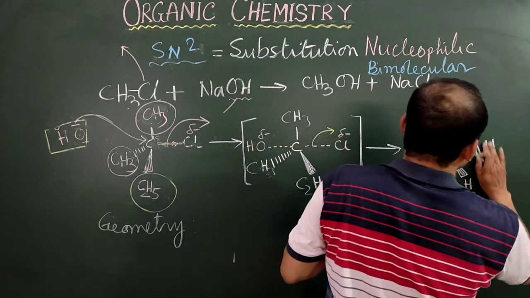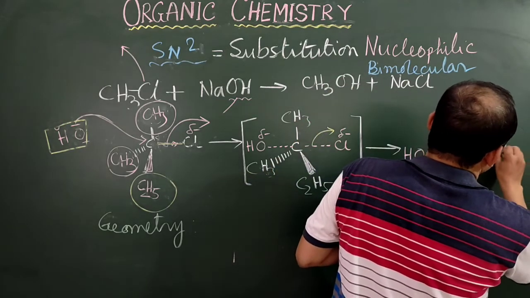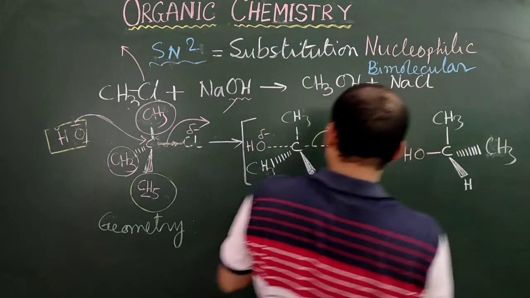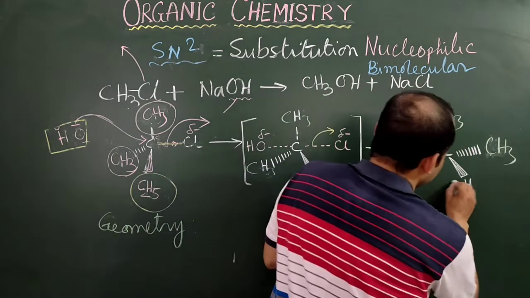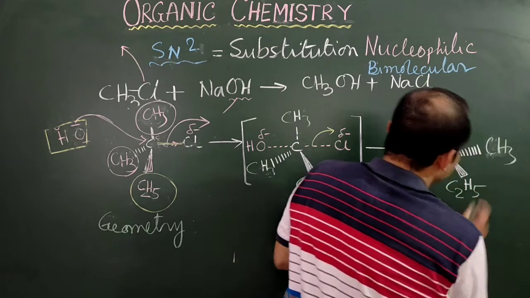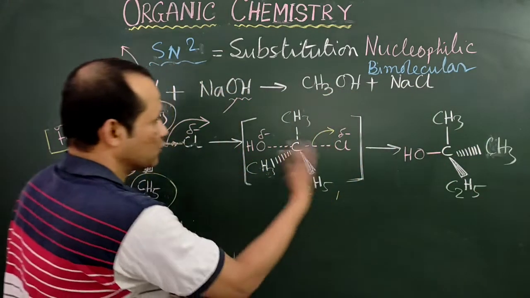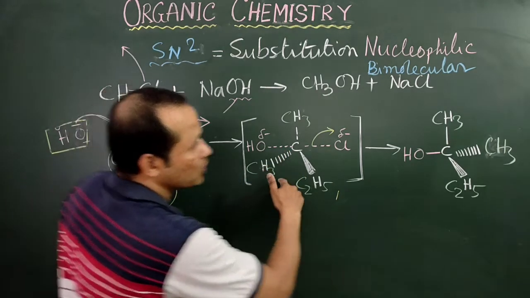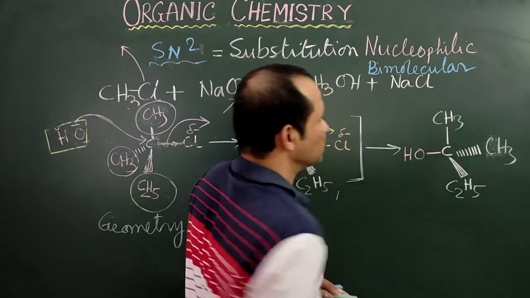So this will be CH3, this will remain the same, and this will be C2H5. So in this way the groups that were on this side will now be on the opposite side.